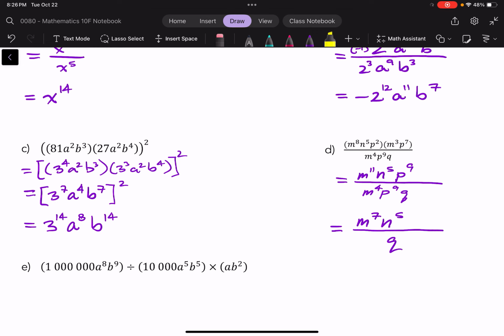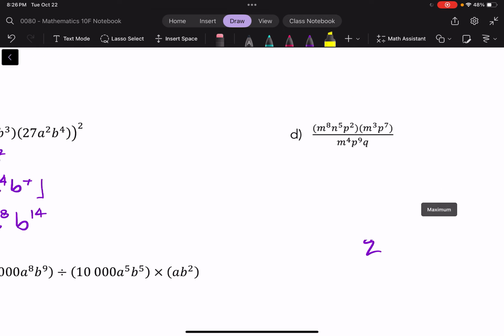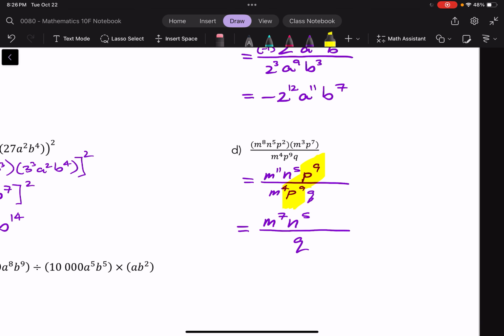And then P to the 9 divided by P to the 9. Whoa! Those are the same numbers. Bunch of ways of looking at this. One is noting, hey, they're the exact same thing, so they cancel each other out. What do they cancel each other out to? Well, that would be a 1. So division causes cancellation to 1.